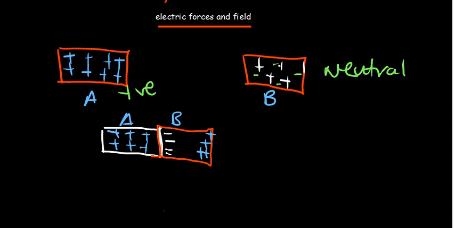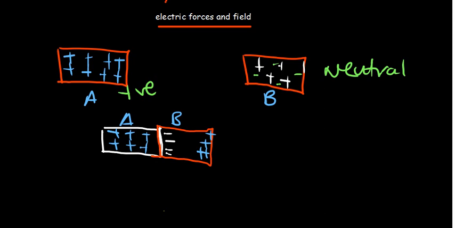As a result, we are increasing the number of protons, or the positive charges, in B. As we increase the number of protons in B, we are going to have a lot of positive charge in B than in A again.